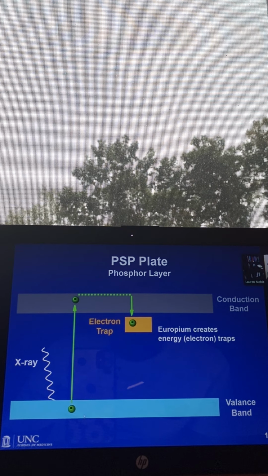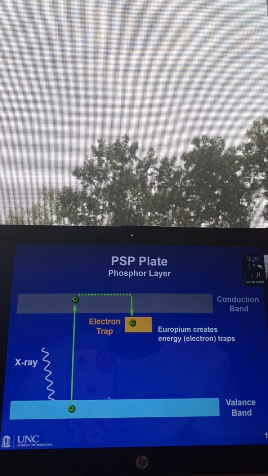And any time energy gets imparted to electrons, they get excited. Like when we talked about Compton and photoelectric, when an X-ray interacted with an electron, didn't that electron get ejected from the atom? And it'll have a certain amount of energy. The X-ray gives up a certain amount of energy to electrons.